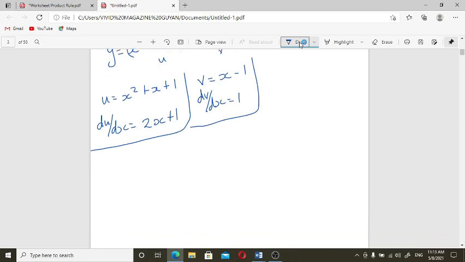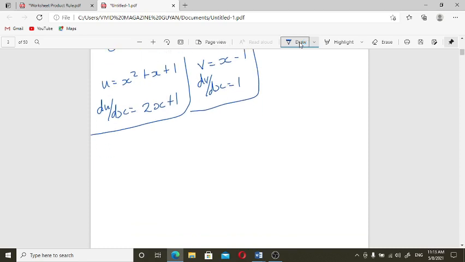So what you'd also already notice is that when you actually just have this normal expression that you're accustomed to, you could actually work these out pretty easily. So it's u dv over dx plus v du over dx.